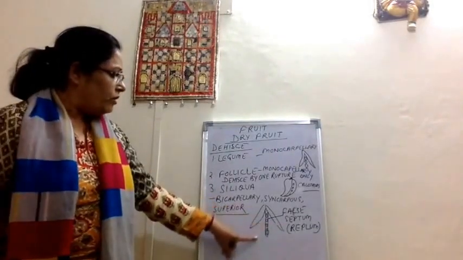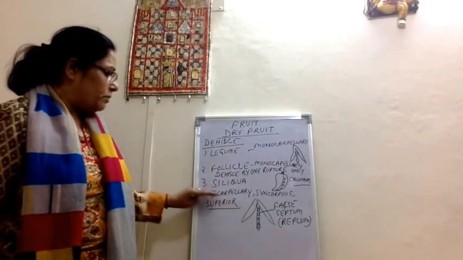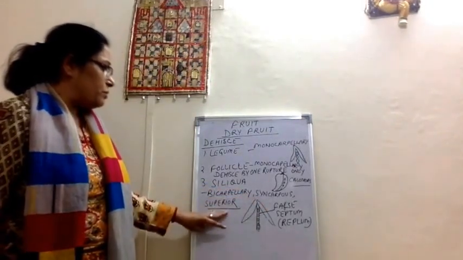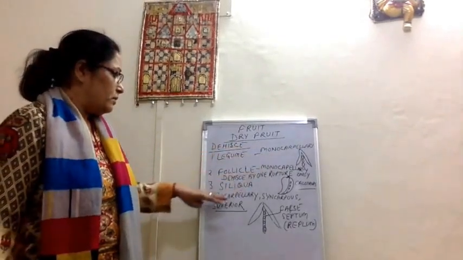This is the false septum through which the seeds are attached. So siliqua is bicarpellary syncarpous superior, but legume is monocarpellary simple.